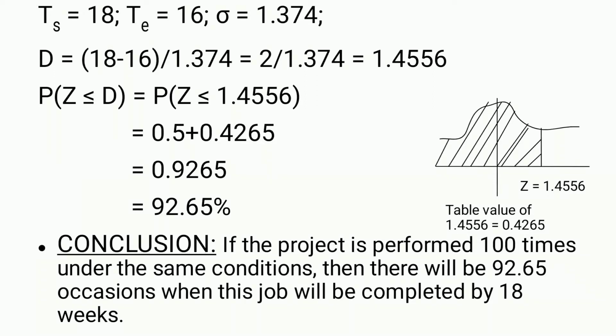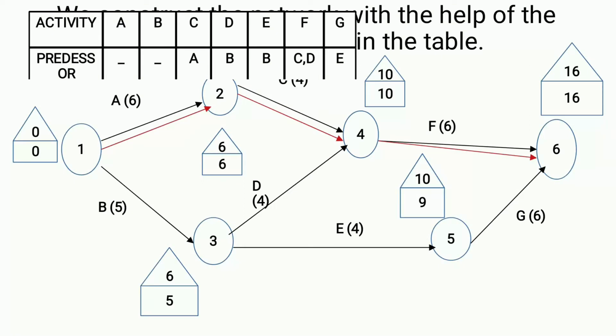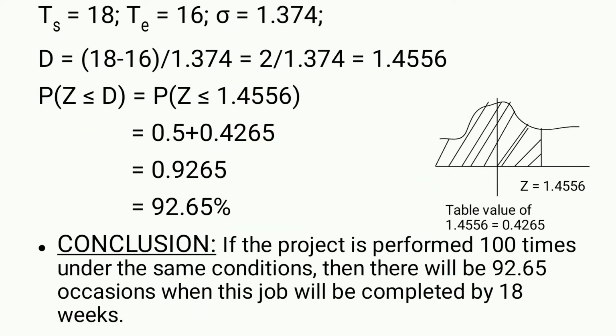How we get TE means, the total duration, where latest time and earliest time both are equal. Here we are taking this one as the total duration which is taken for completing a project. So here TE is 16 and sigma is 1.374.